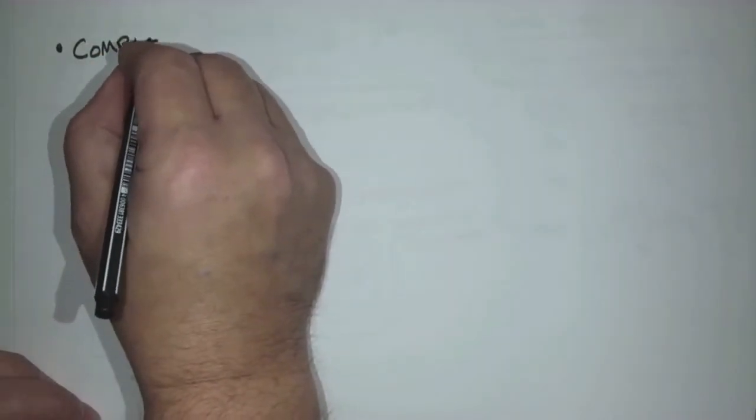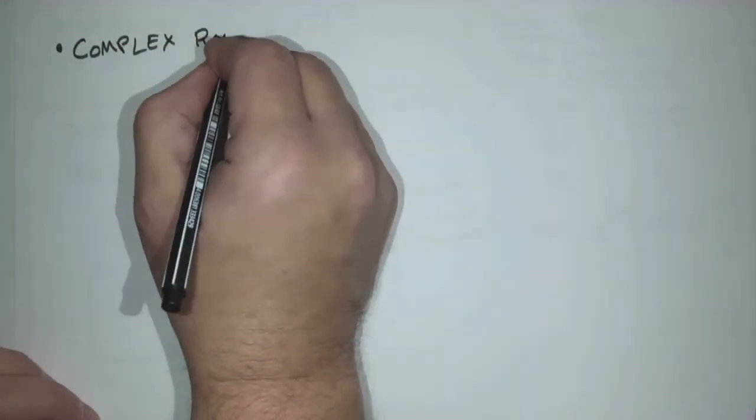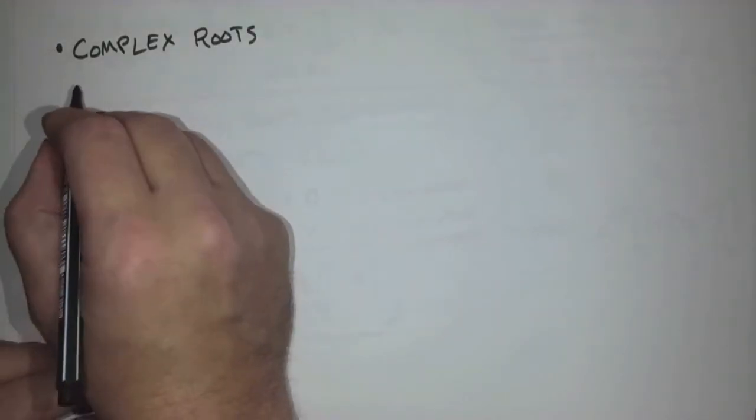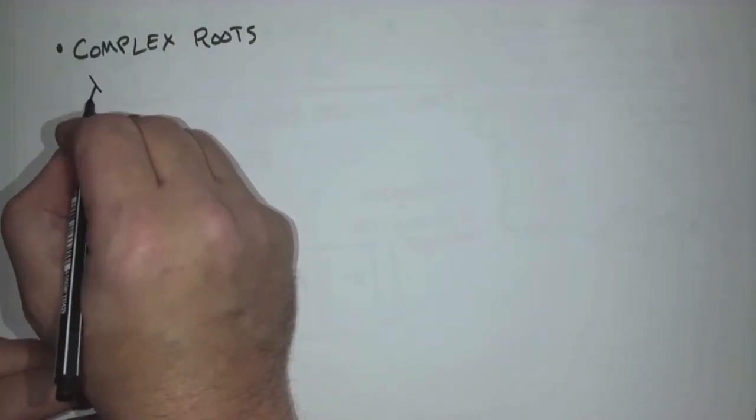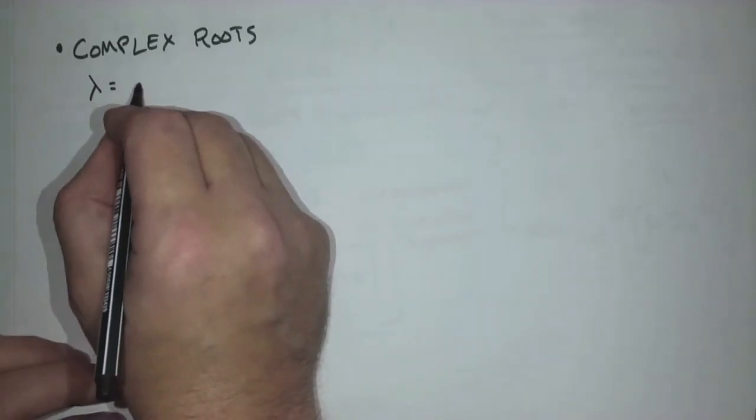Complex roots. It gets its own page. Well, it is complex. All right, so what do we do? Here's the basic idea. The nice thing about your eigenvalues is that they come in pairs.